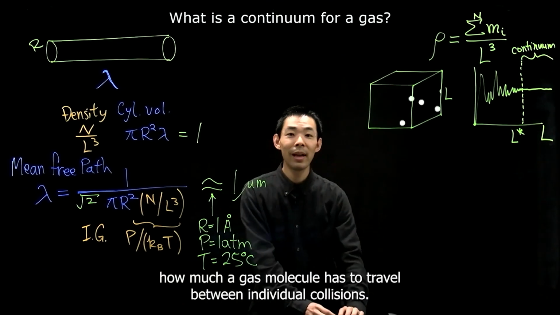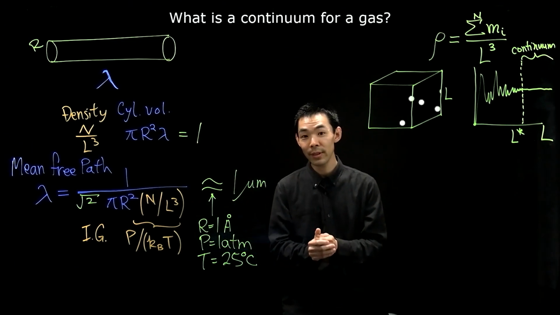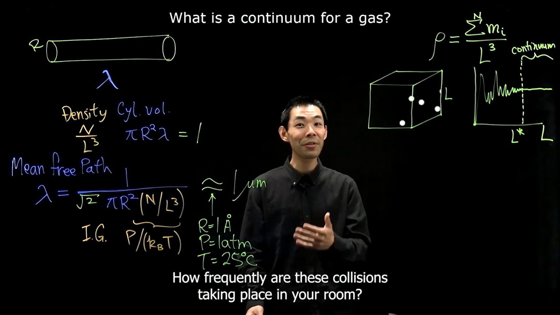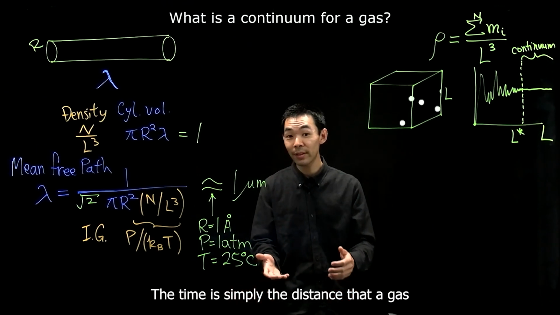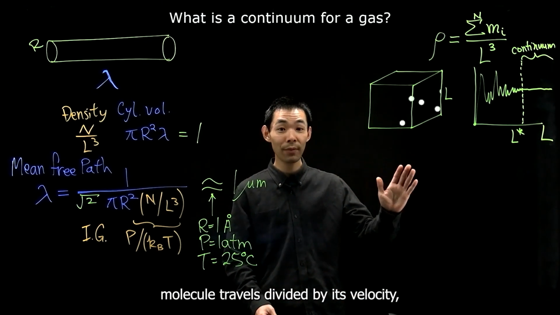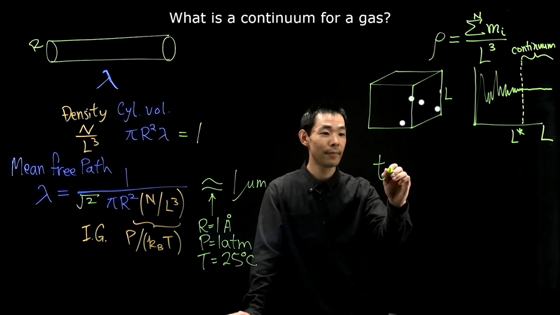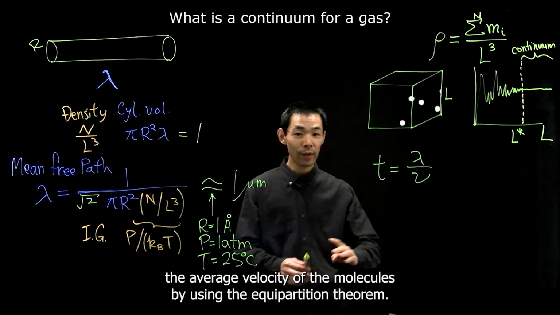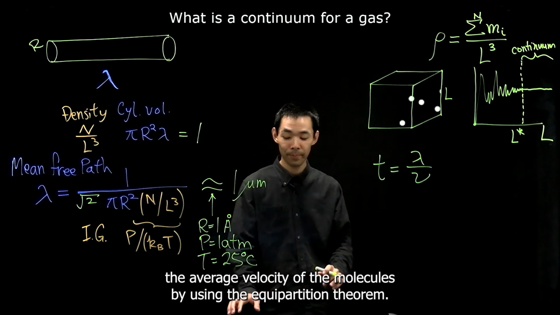We now know how much a gas molecule has to travel between individual collisions, but what about the time scale? How frequently are these collisions taking place in your room? The time is simply the distance that a gas molecule travels divided by its velocity. And we can obtain the average velocity of the molecules by using the equipartition theorem.